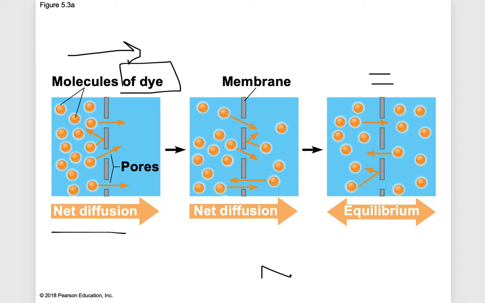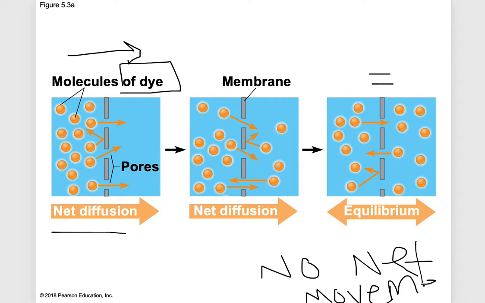Equilibrium means there's no net movement of particles from one side to the other, because now everything has an equitable distribution.